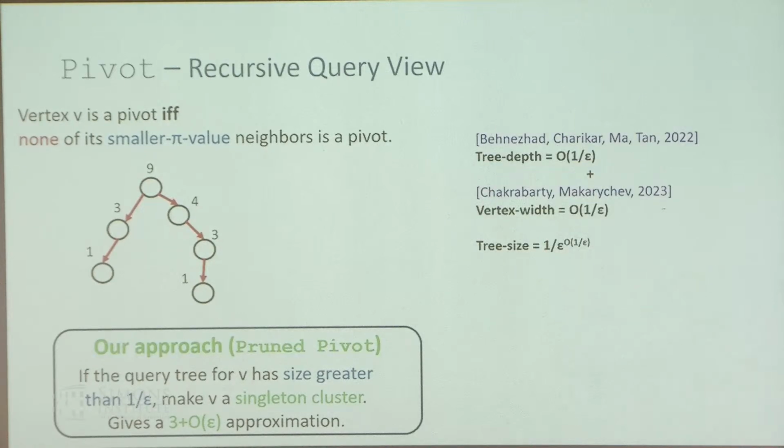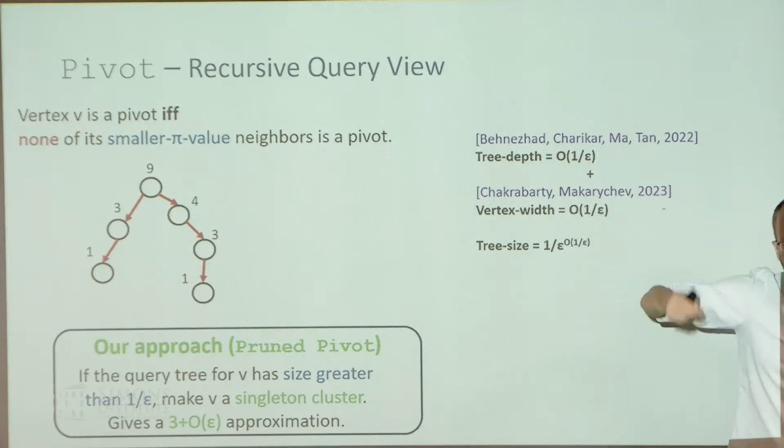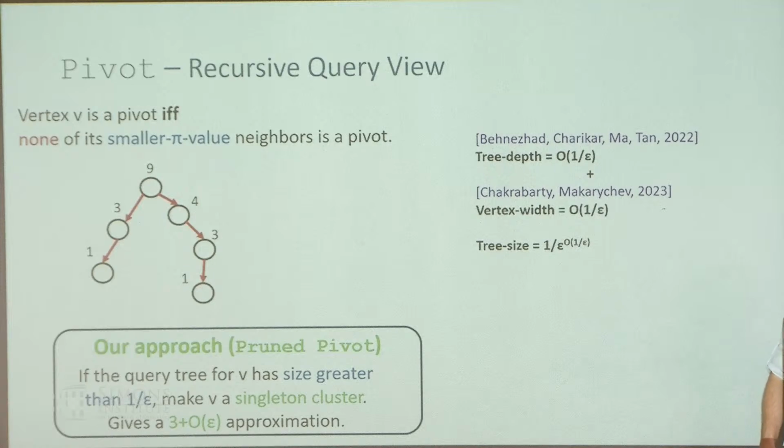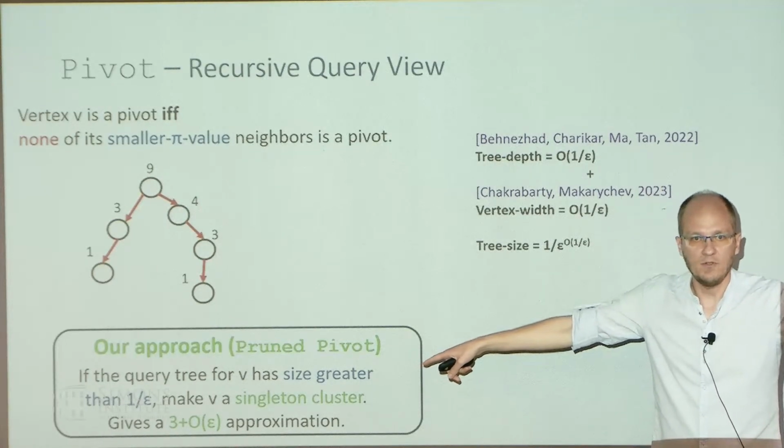I want to mention, to contrast, two results known before this work. There is a paper by Behnezhad, Charikar, Ma, and Tan from 2022. They show that if you also consider this tree query process, but truncate at depth 1 over epsilon, you also get a 3 plus order of epsilon approximation.